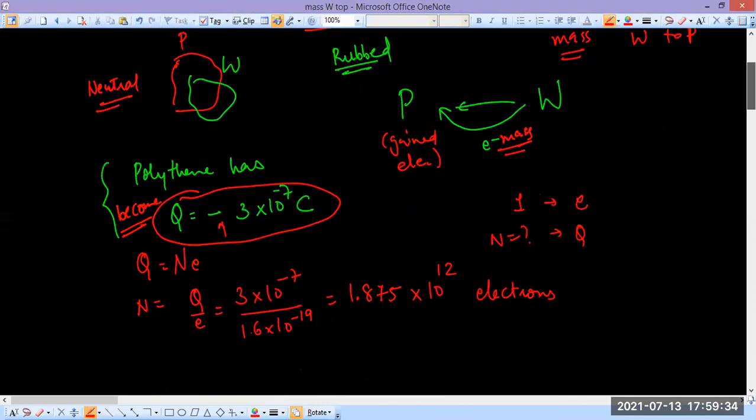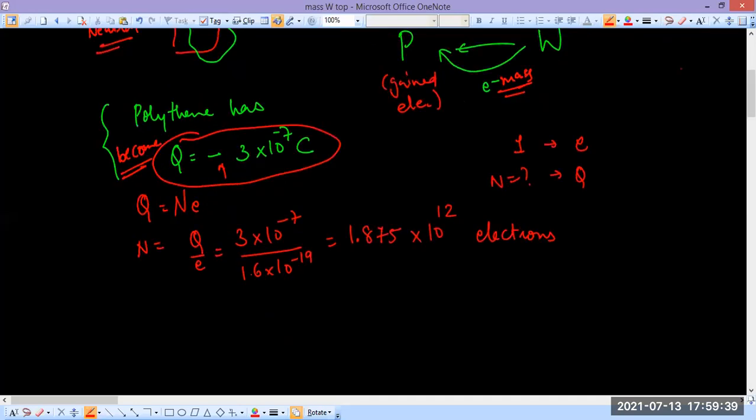Some charge went from this to this, only then it can become negative. That's it about this question, and here we end today's short class. All right, goodbye everybody.